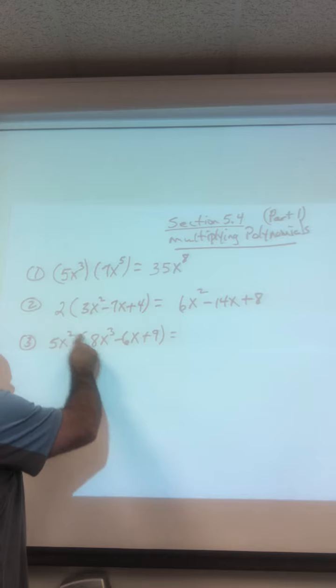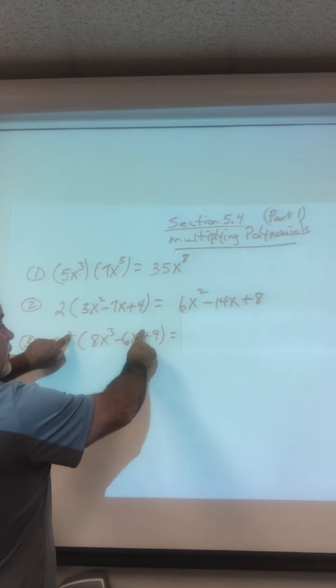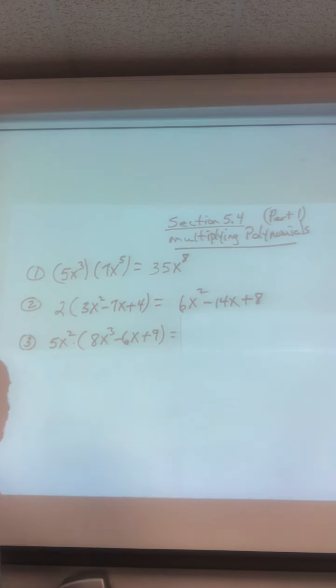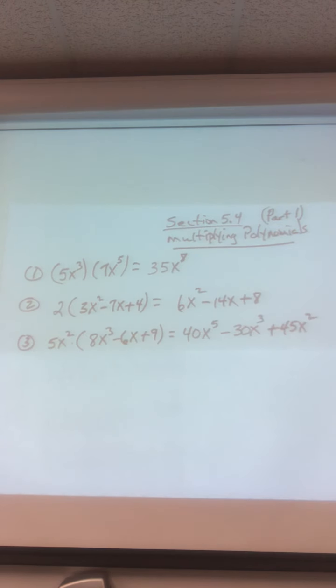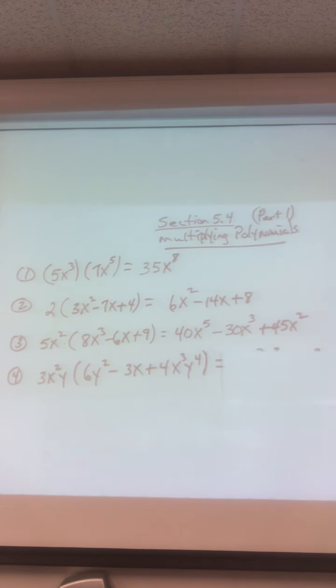And then 5x squared times negative 6x is negative 30x cubed plus, and then 5x squared times 9 would be 45x squared. And after you distribute that, none of those terms are alike, so you cannot add or subtract those together.